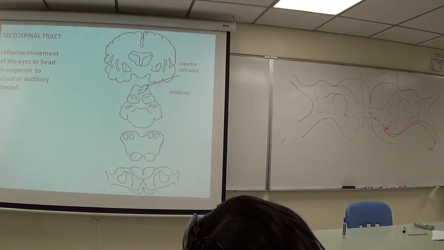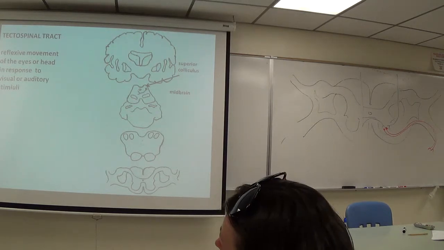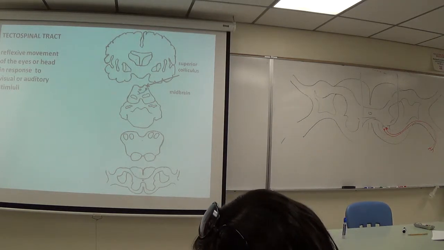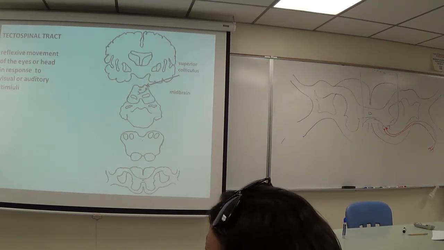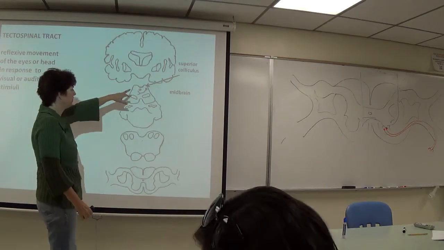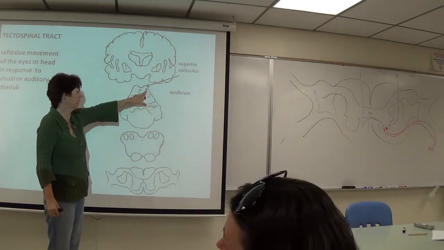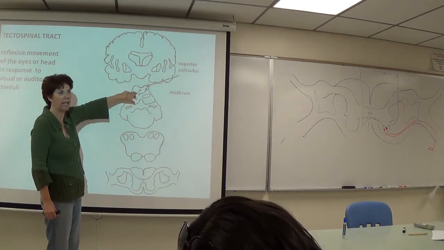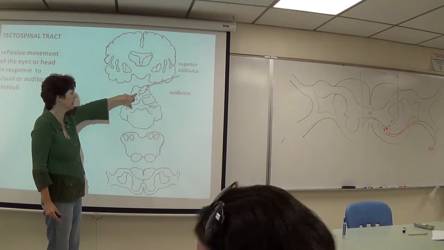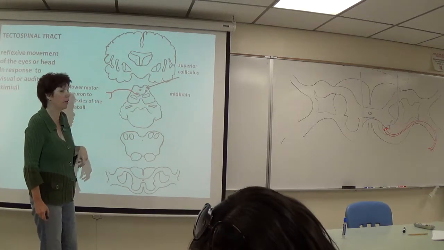But if I was unconscious and my optic nerve was working and my eyes were open, even though I was in a coma, that would still get to my thalamus. It would trigger this upper motor neuron, and it would go to my oculomotor nerve or my trochlear nerve, and that's where the lower motor neuron would be.